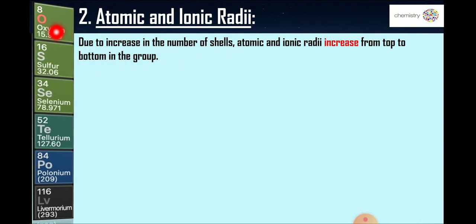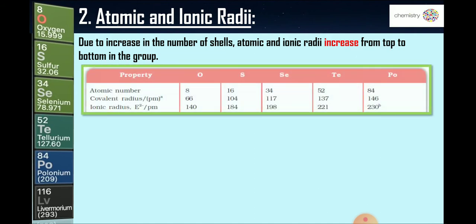When you move from oxygen to sulfur to selenium, the atomic number increases. The number of electrons increases. The electrons are being added to new and new shells. That means when you move down, the number of shells increases. Then definitely the atomic radius or even ionic radius increases from top to bottom in the group.